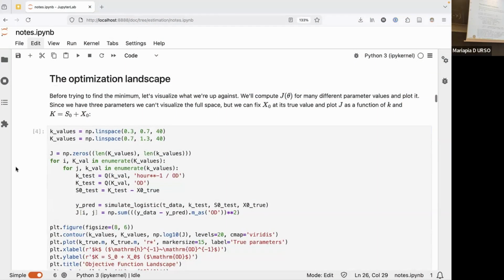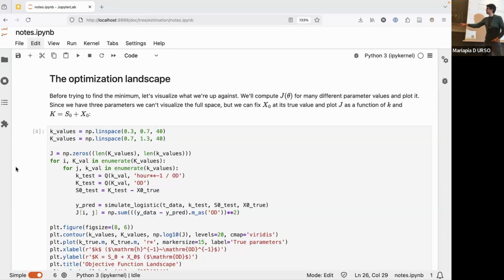Okay, and before we do that, maybe we can plot something which we can call the optimization landscape, which is how the values of our loss function depend on the parameters. Of course, we have 3 different parameters. So we're going to make a shortcut, which is setting capital K to S0 plus X0.